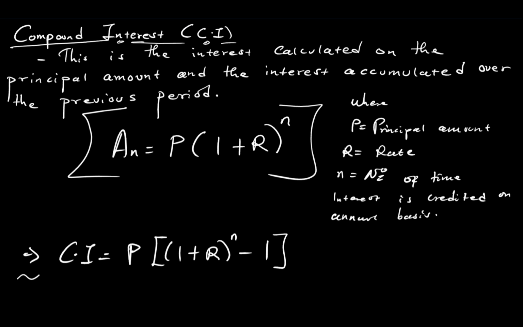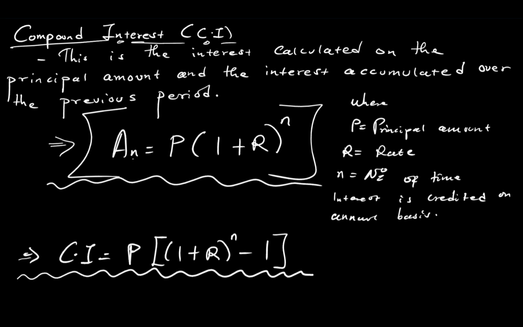This here gives us the compound interest. If we are asked to find the compound interest, we use this given equation to calculate the accrued amount, or the total amount over n periods, or over n number of times the interest is credited on an annual basis.